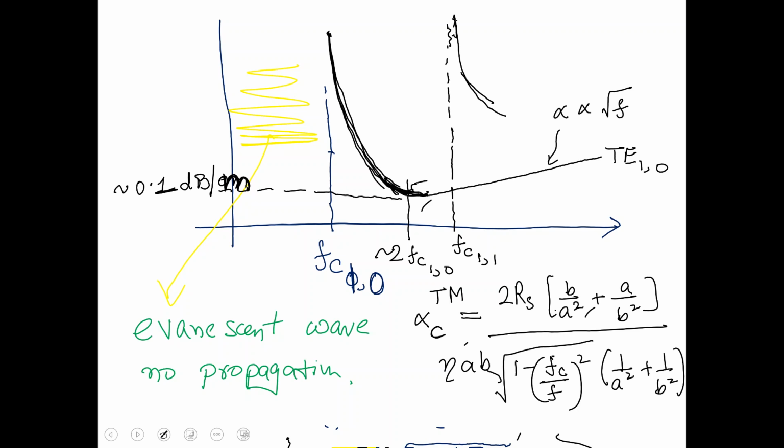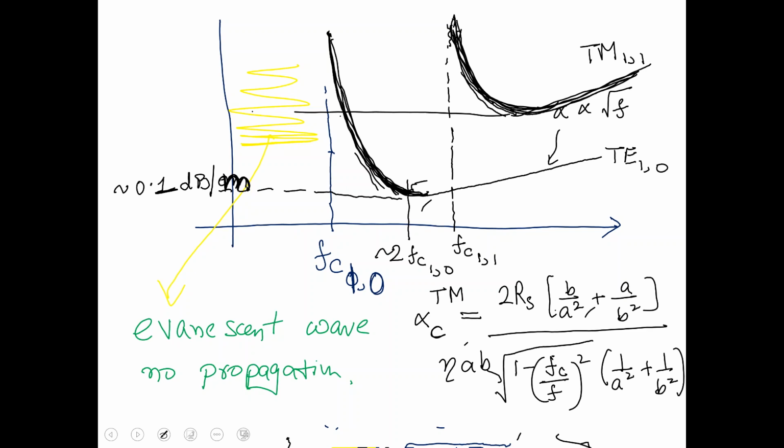It has more of a roll-off factor. I'll give you a question to calculate these terms for practical waveguides, and then it is going to increase again. So this is the loss for the TM11 mode. This one has a sharper drop, this one has a more roll-off drop, and then it increases again.